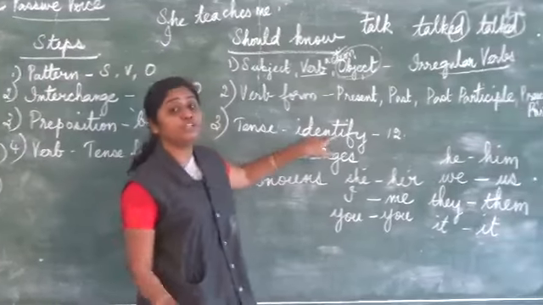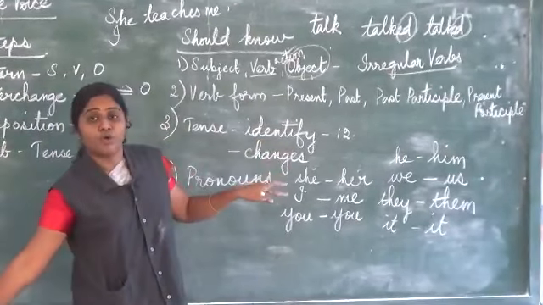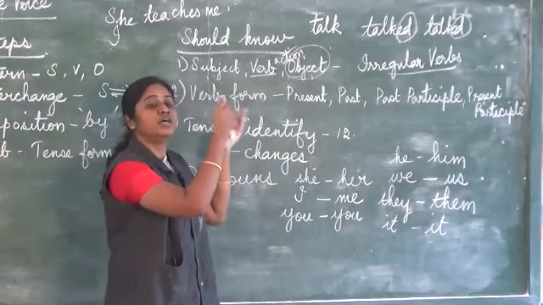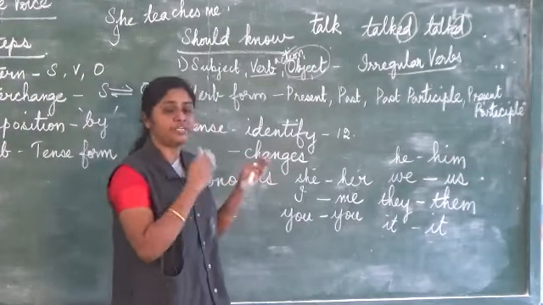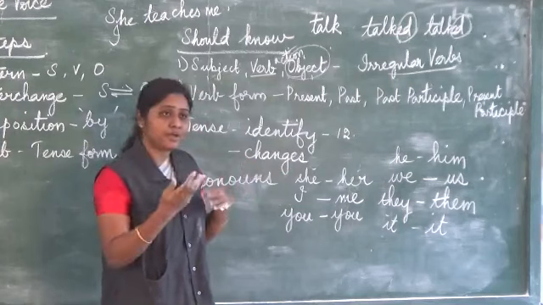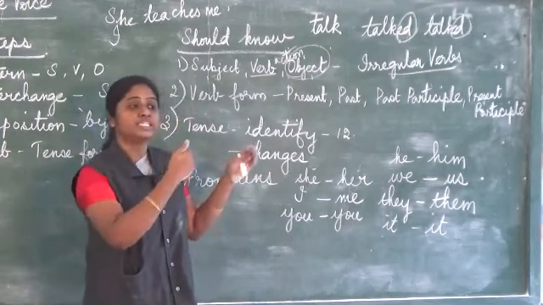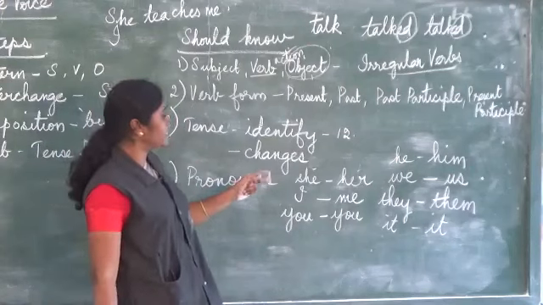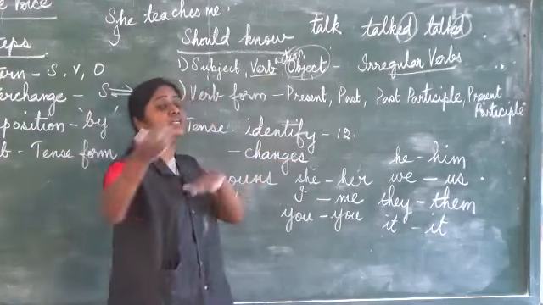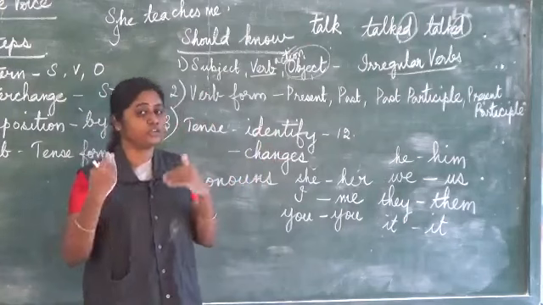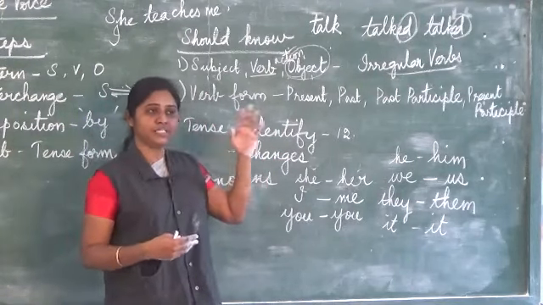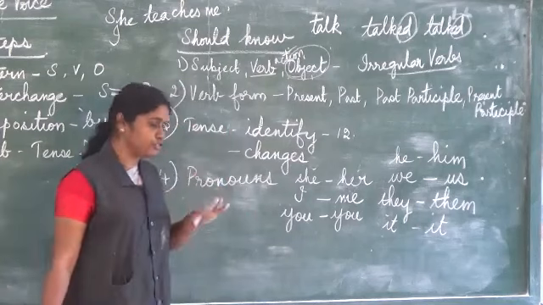First of all, you should be able to identify the tense of the given sentence, whether it is simple present, present continuous, present perfect or simple past. Secondly, you should know how the given tense has to be changed into passive voice. For that again we have a tabular column, the changes in tense form, that also you should learn.